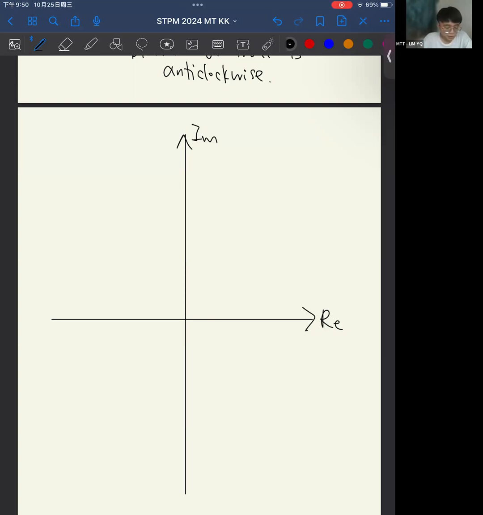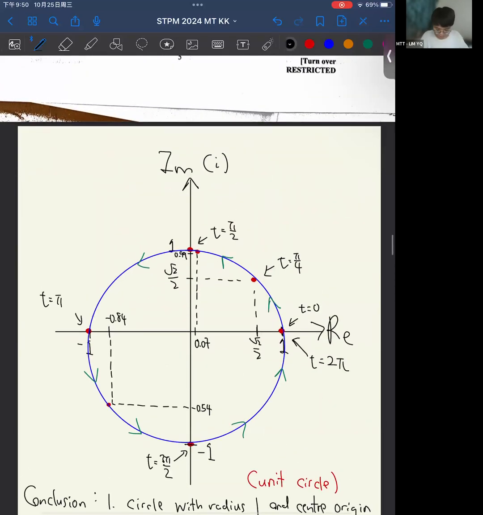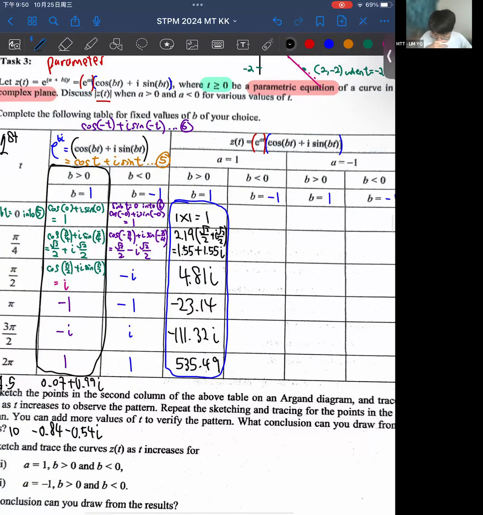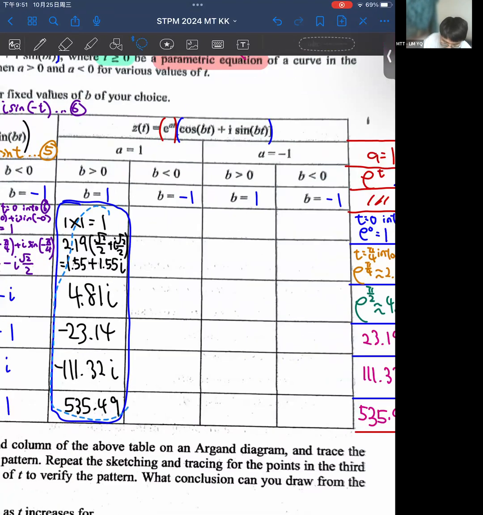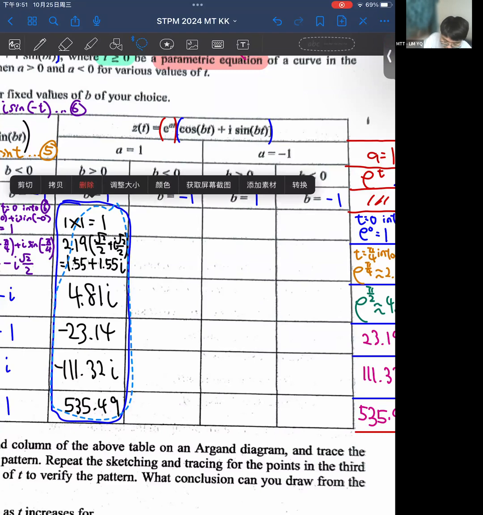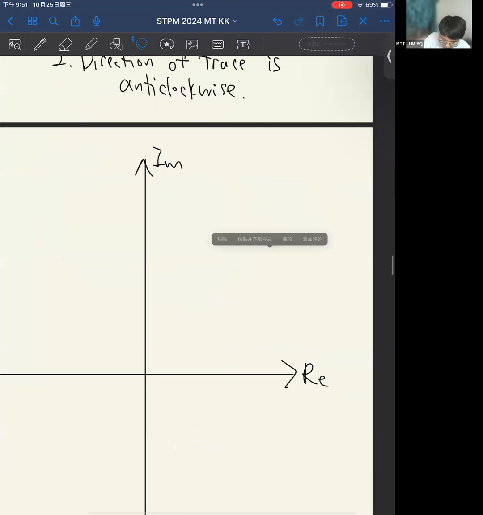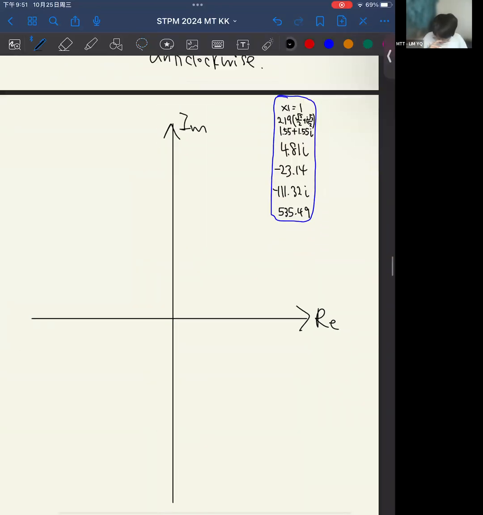Okay, we do the first one. Just now I plotted: 1 multiplied by 1, so it's 1. I will plot all these numbers. The first one is 1. Similarly, but this time try to make a smaller scale, because the largest one is 545.49.